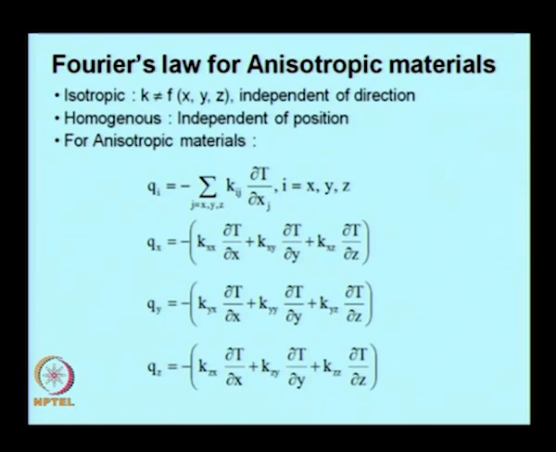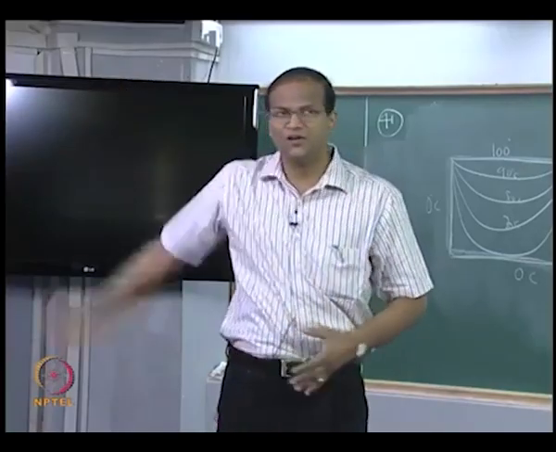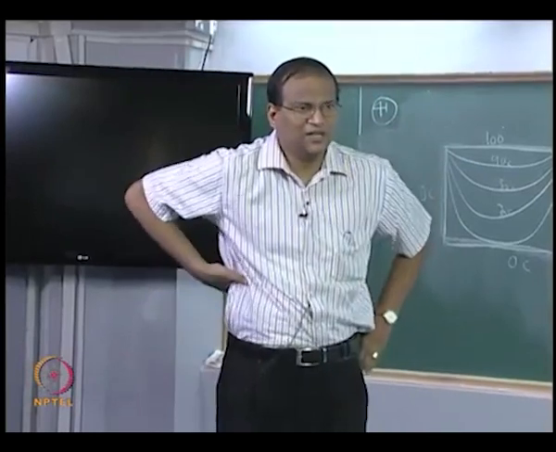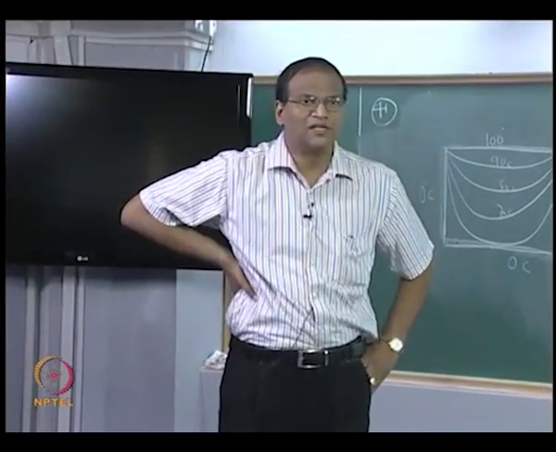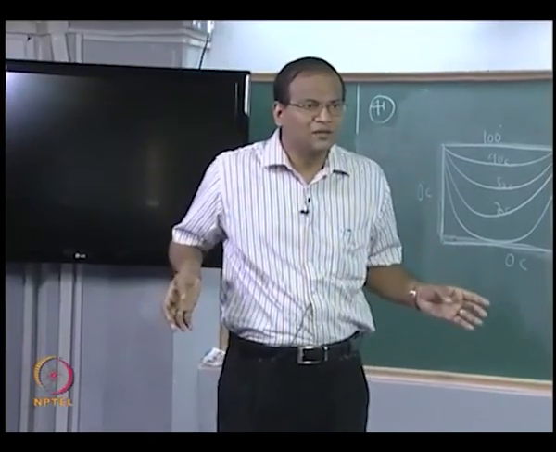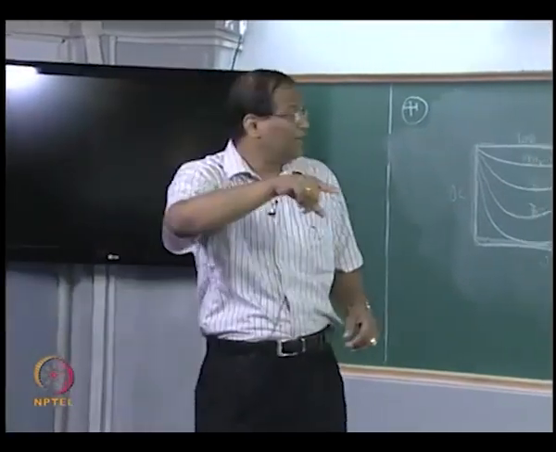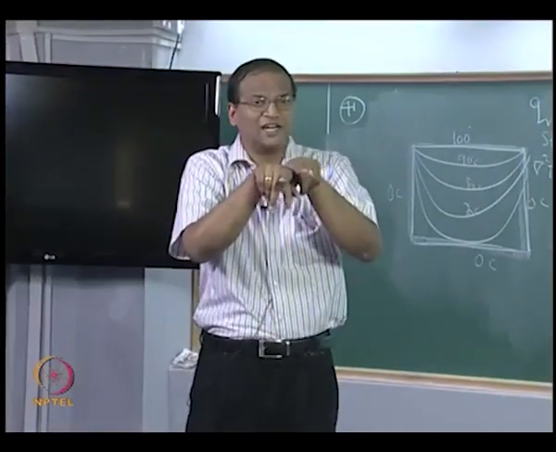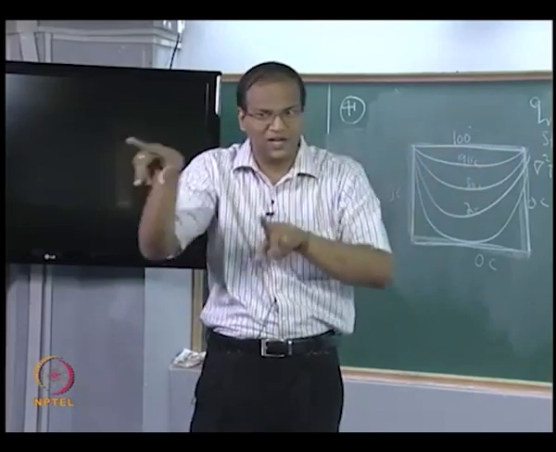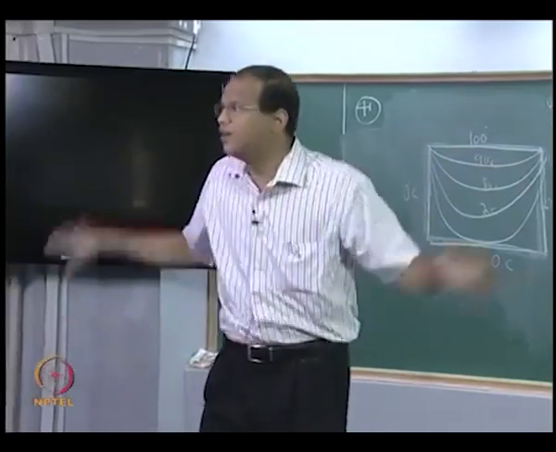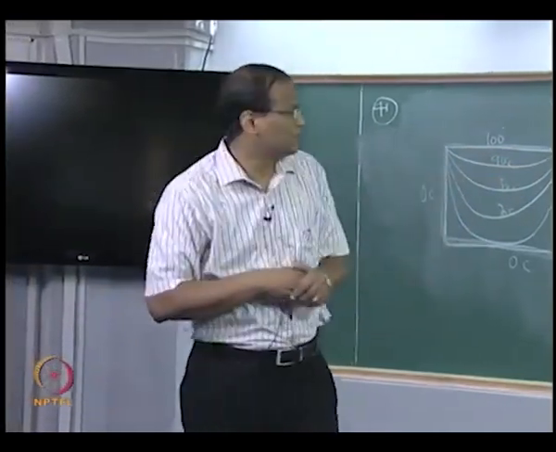In this room, for example, if you take an air sample here and measure the density, and take an air sample there and measure the density, if the density is the same in both places, then the air is homogeneous. But if you are measuring a transport property in x direction, y direction, z direction, and you get different values, then it is anisotropic.